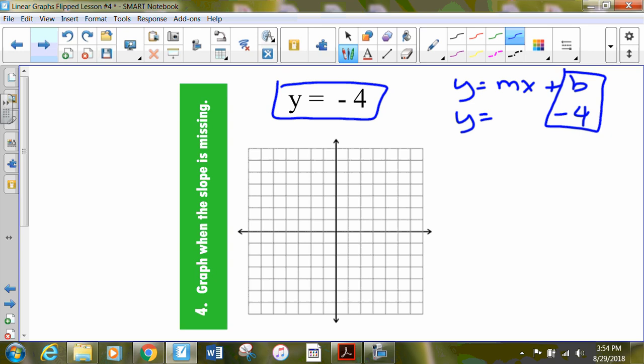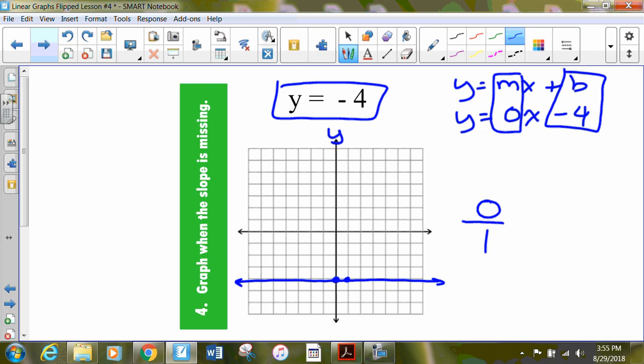So that's why it's 0x, because there are 0 x's in that equation. So now we know that the slope is 0. So here we go. The y-intercept goes on the y-axis. And if the slope is 0, it's still a run 1. You're not going to rise at all, and you're going to run 1. Those are your 2 points. You're technically running forever to the left and to the right.